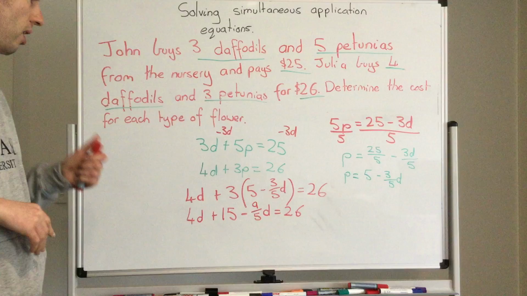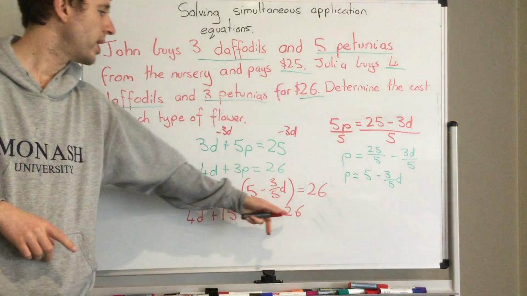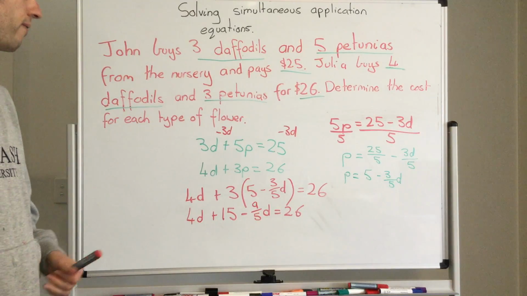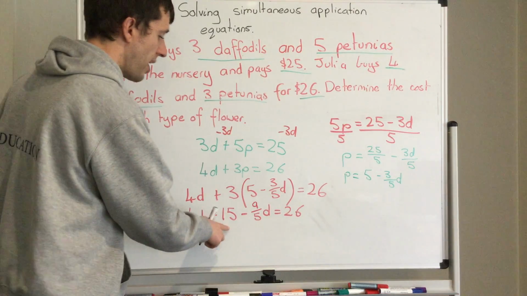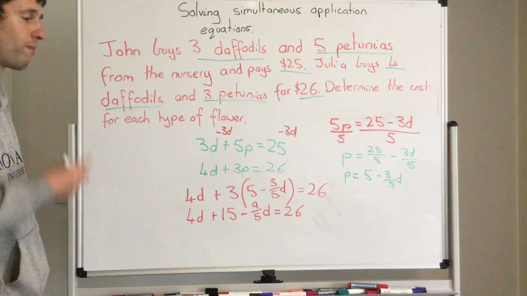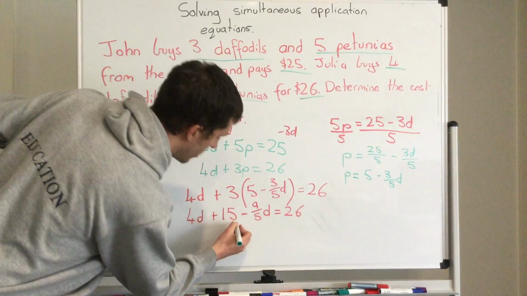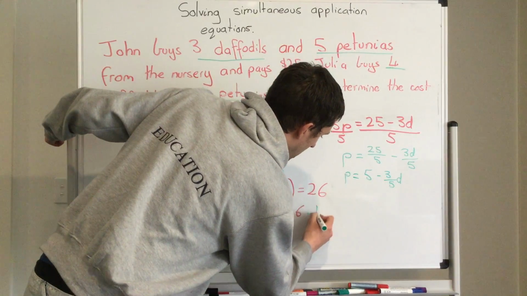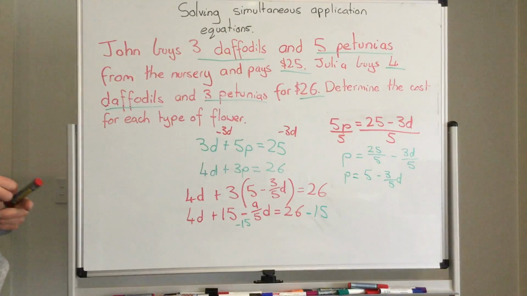Okay, so now that we've done that, we are going to be getting the 15 to the other side. If we're trying to get the 15 to the other side, because it doesn't have a variable, this is plus 15. The opposite of plus 15 is minus 15. So I will minus 15 here, which means I am going to minus 15 on the other side.